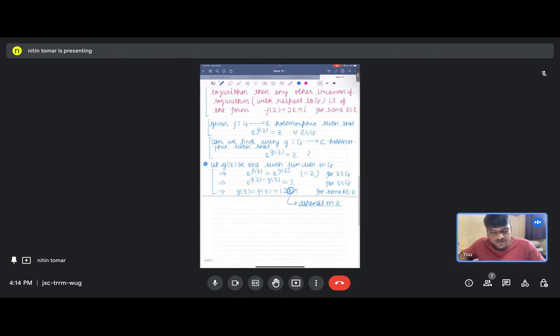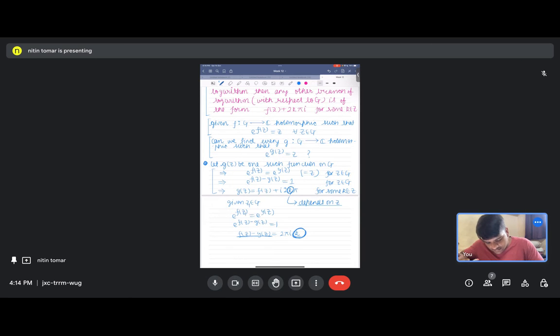See, e power f(z) is equal to e^g(z), so you must have started with some given z in G. Then e power f(z) minus g(z) is 1. So this f(z) minus g(z) should be some multiple of 2 pi i, but this multiple k depends on z. You will change your z, this k will change. Let's say for z1 it is k1, for some z2 it will be some k2, correct?